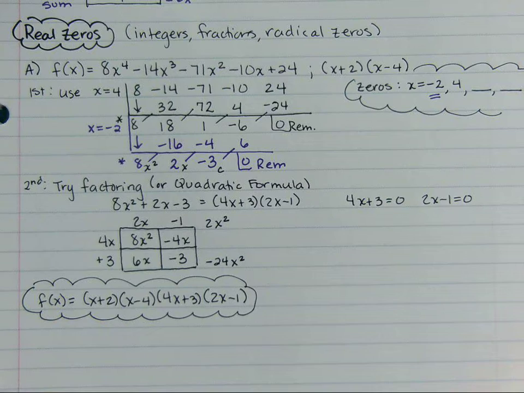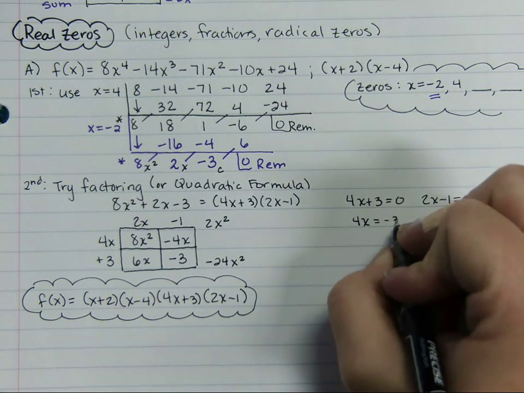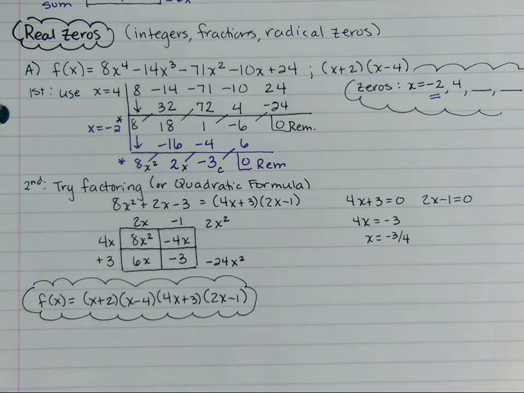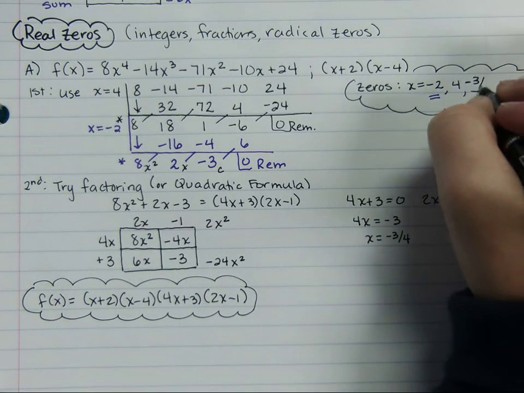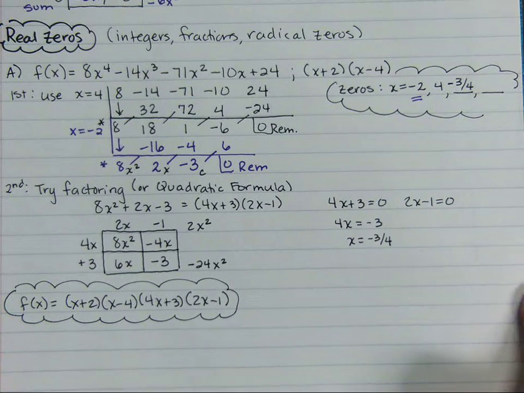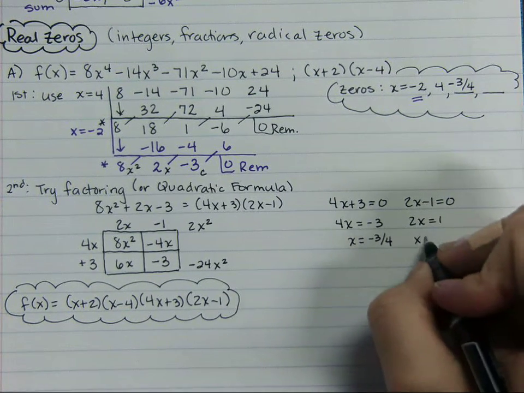And you can do that mentally if you need to, but I don't want you to make a mistake. All right. So I need one of my zeros to be negative 3/4, and I'll put that in my list. And then it looks like the other 0 is going to be 1/2.